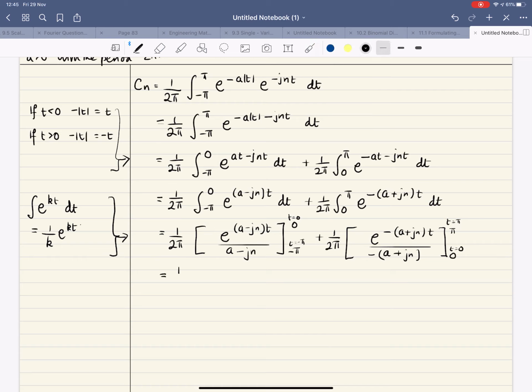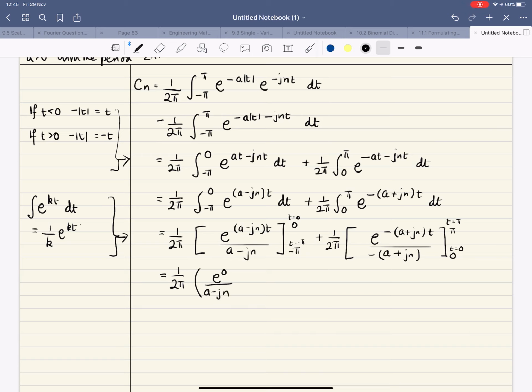So 1 over 2 pi. We've got to put t as 0 in there. This is e. Now here we're going to have a minus jn times 0. So that's overall 0 over a minus jn.